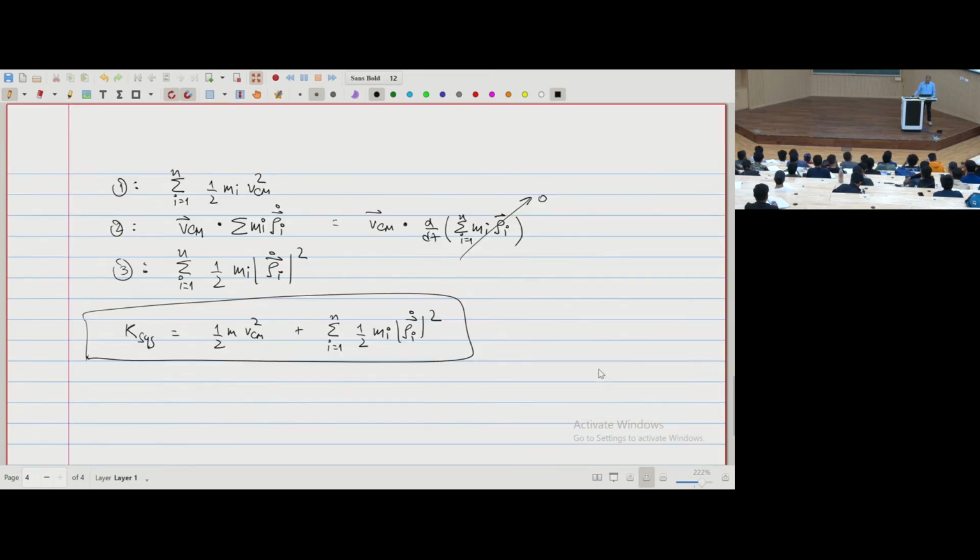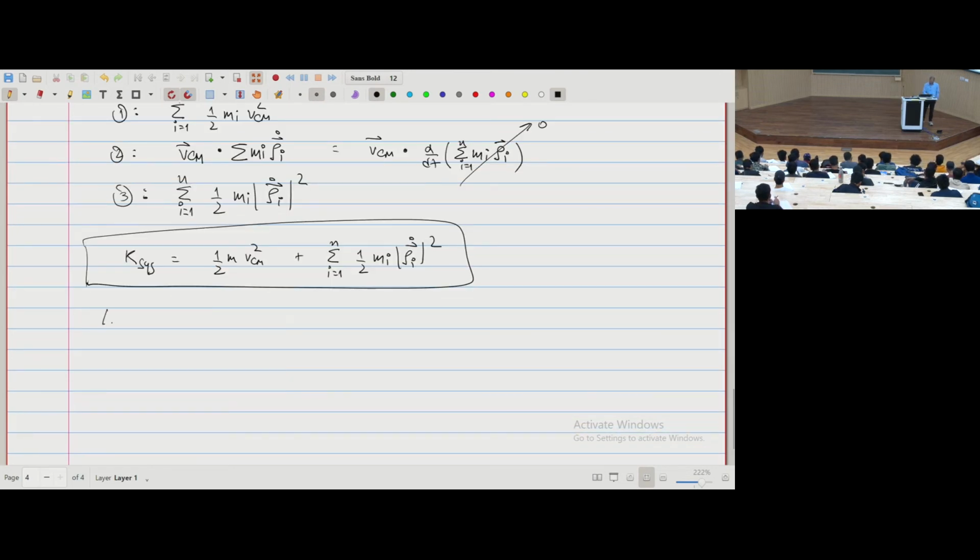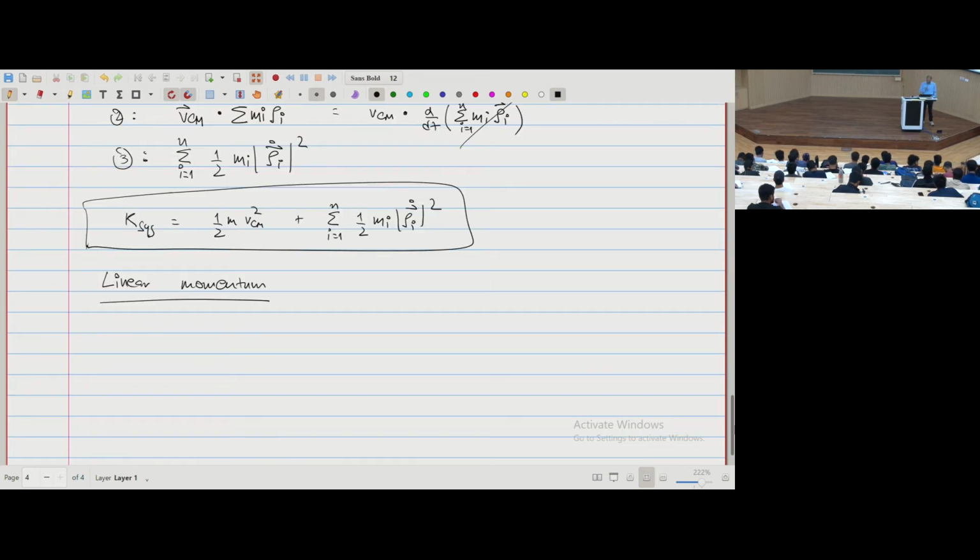Our next approach was the momentum approach. So again, there is a mix of external and internal forces acting on any particle, let's say mi.